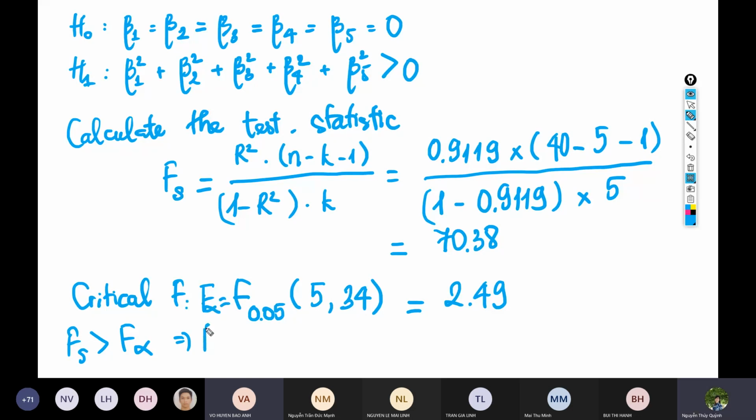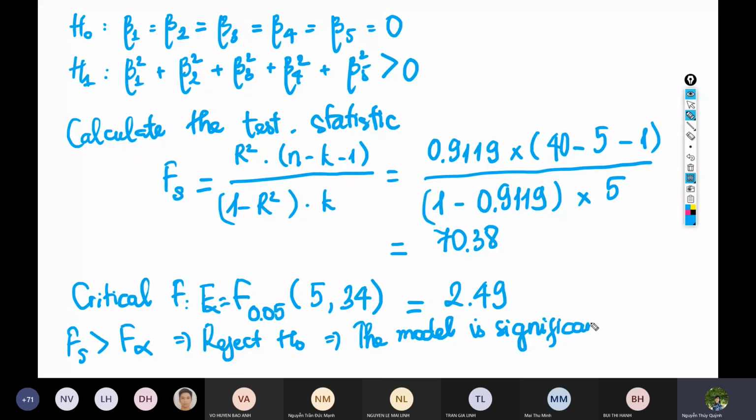We reject H0 and we say that the model is significant at 5% level of significance. So that is our conclusion about the overall significance of this model.